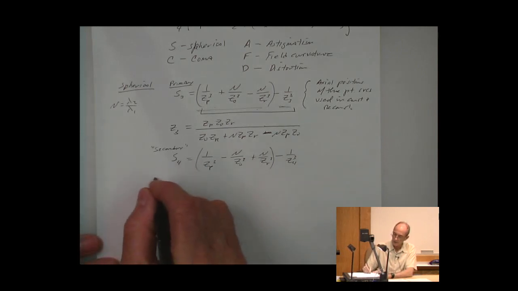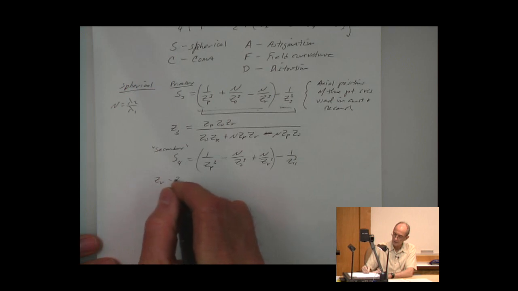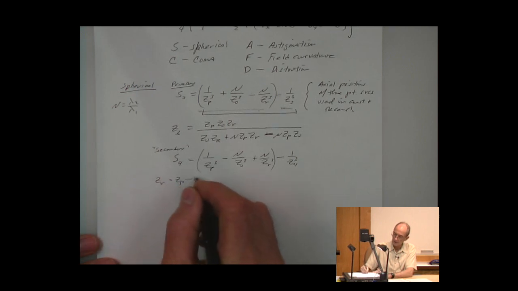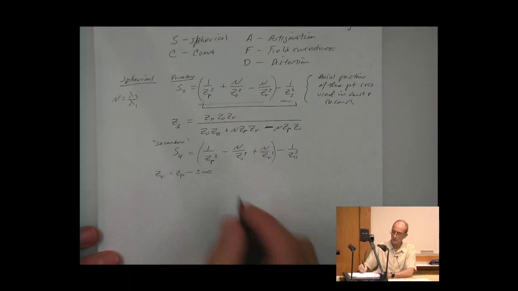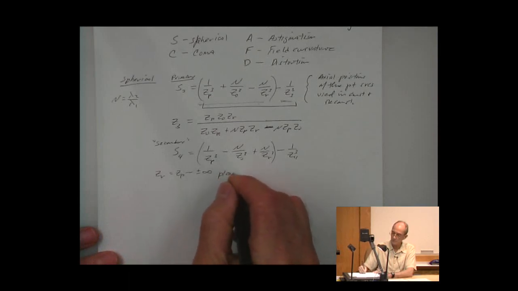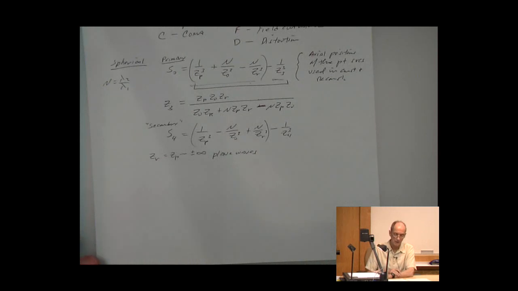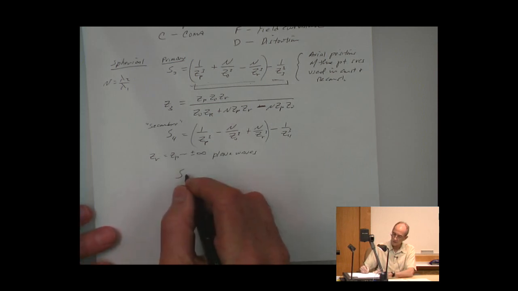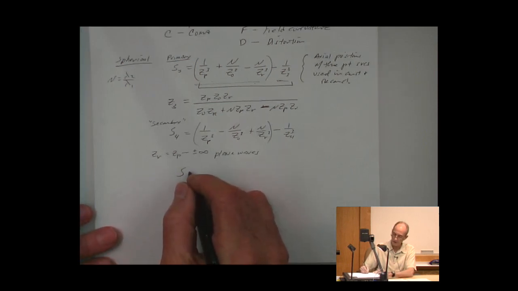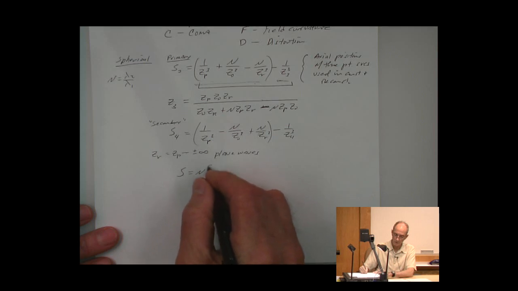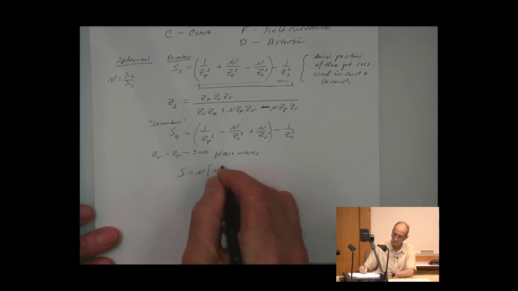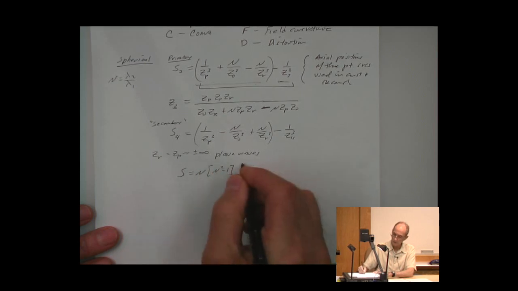And so, because of that, if we have a situation where ZR and, say, ZP are at plus or minus infinity, so we have plane waves for both the construction and reconstruction fields, then we end up with a spherical aberration coefficient, which is essentially mu times mu squared minus 1 times 1 over ZO cubed.